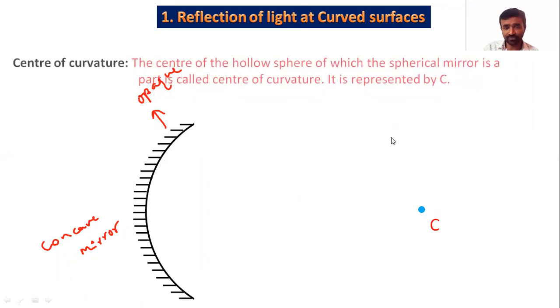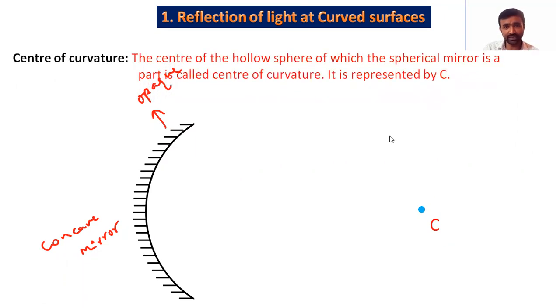Then I'm identifying the center of curvature, whose definition is already given. So once again, look at the definition here: the center of the hollow sphere from which a spherical mirror is made as a part is called the center of curvature. It is denoted by the letter C. So here I got the center of curvature.